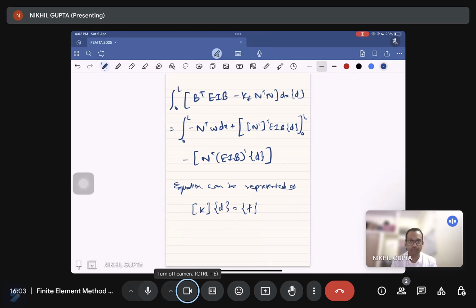Then you make the K matrix of the single elements and combine all the elemental stiffness matrices to get the global stiffness matrix. Similarly, on the RHS, you get the local load vector for each element, then combine them to get the global load vector, and by combining all this you get the K d equals f equation.